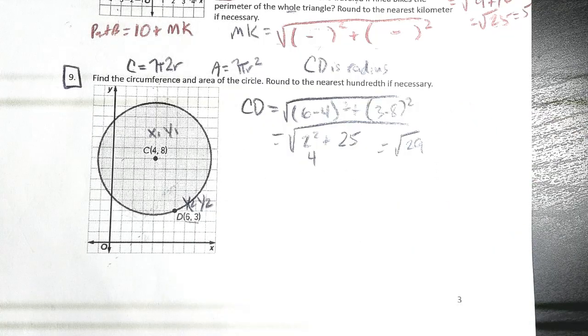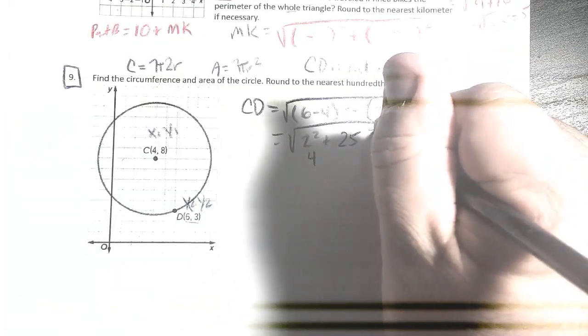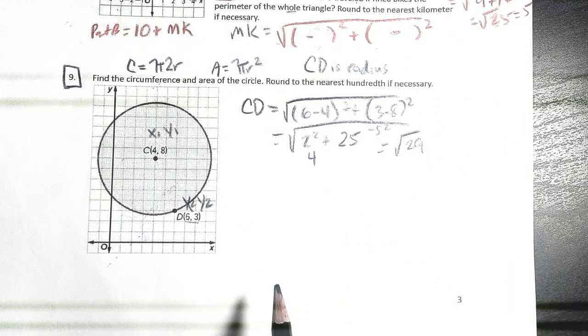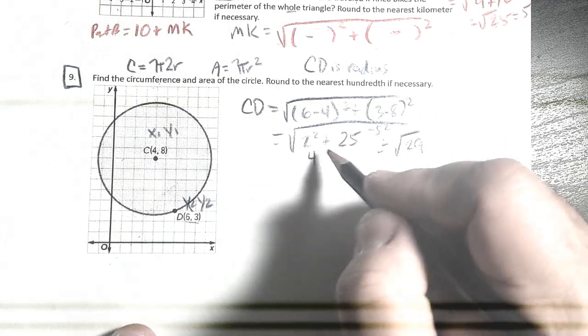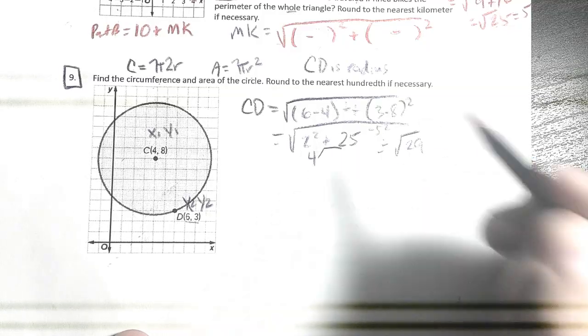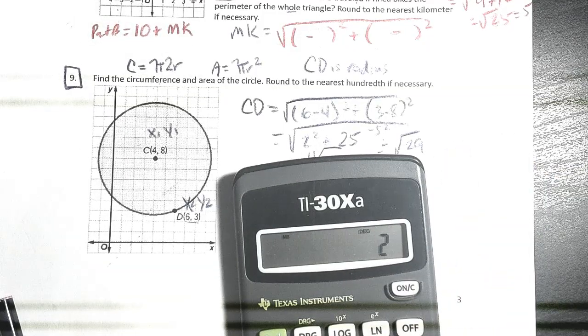So 4 plus 25 is 29. Negative 5 squared became 25. This plus this. So now we need the square root of 29.